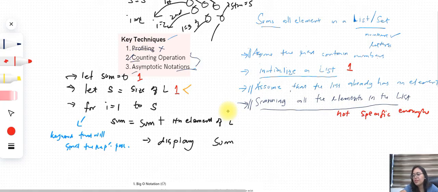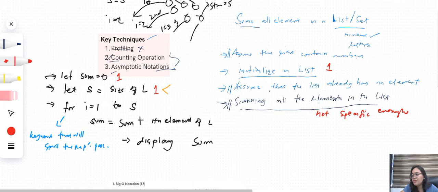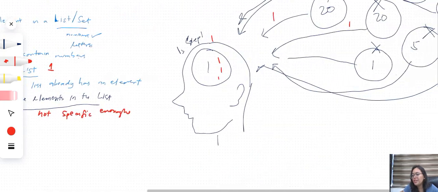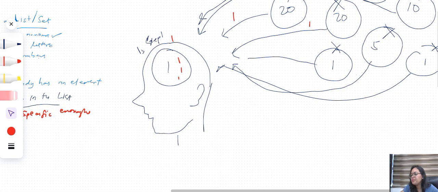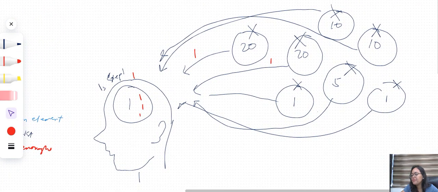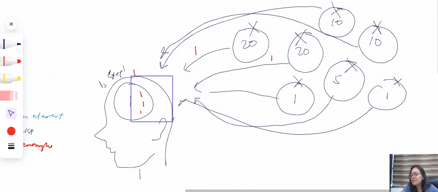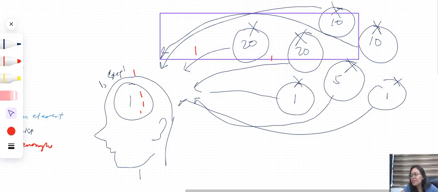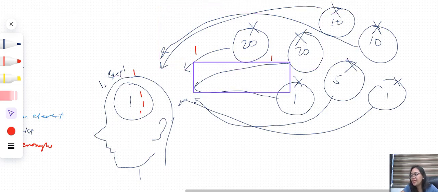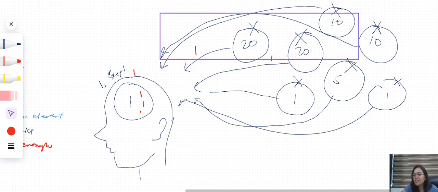So say for example, when you scan, first you start at 20, that is the first one you get, and then you put that on your brain, and then next. That is a repetitive process, and each of that process is a step, of course.